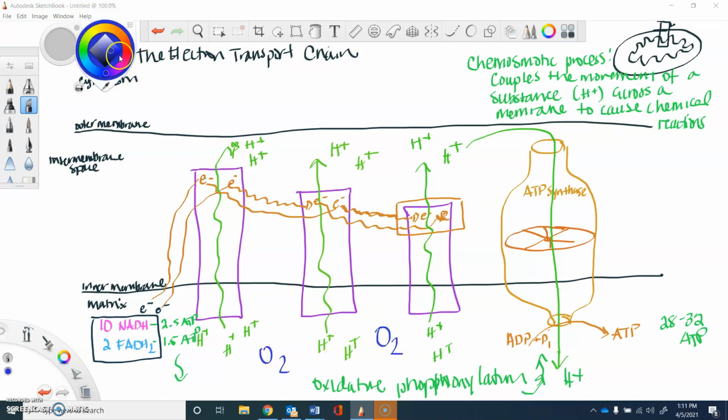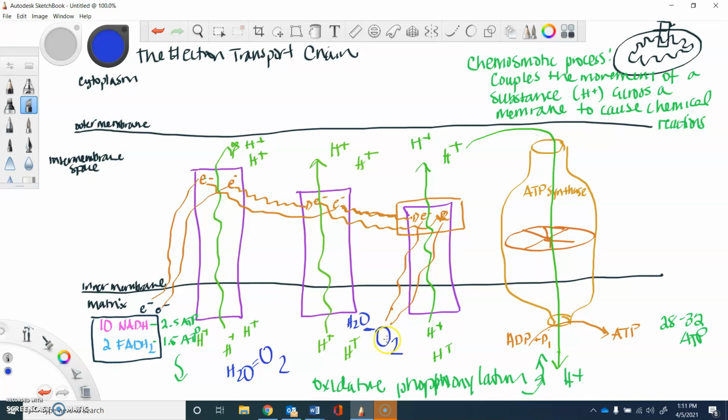Those electrons now come down onto the oxygen, and it will make water. So that's where the water comes from in that equation.